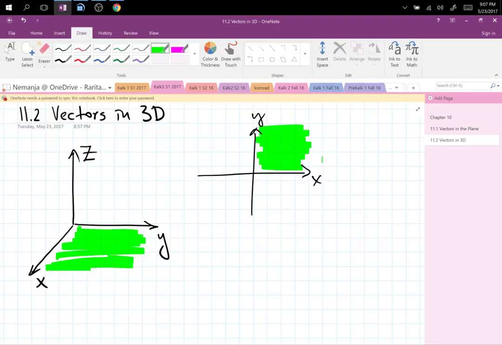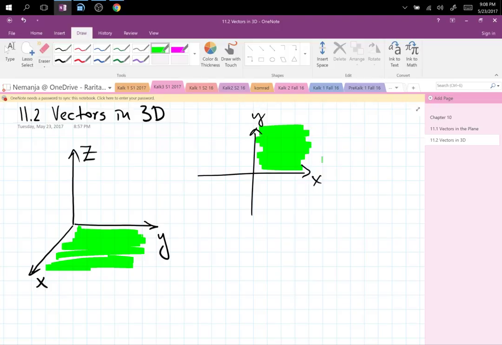If you imagine this Z vector poking out of the board towards you, there are 4 quadrants there, and then behind the board, where Z is negative, there are another 4, so you have 8 of them.